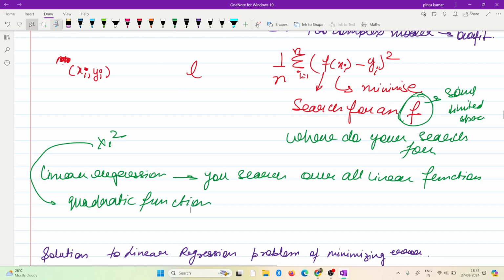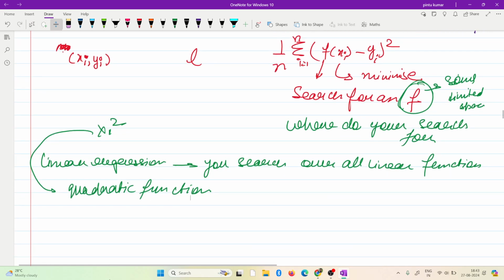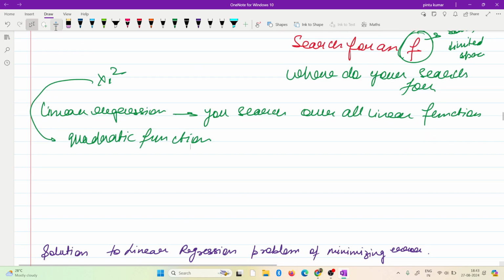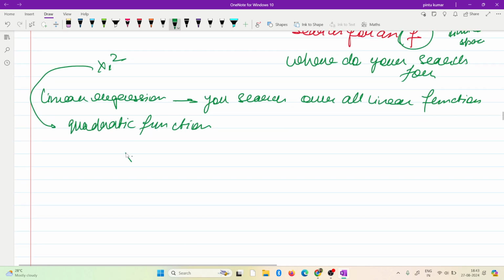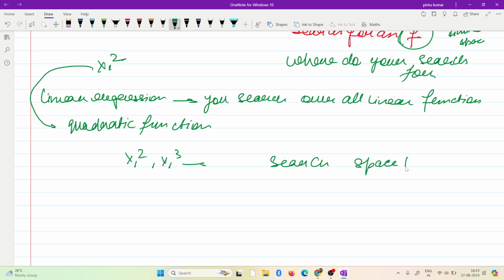So what I'm trying to say is, as you keep on increasing, let's say you add on x1 square, then you go to x1 cube. So this is increasing the model complexity. As you increase the model complexity, your search space becomes bigger. And it can also be said vice versa.